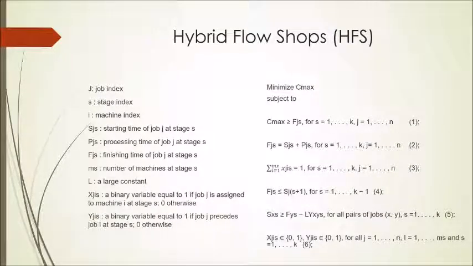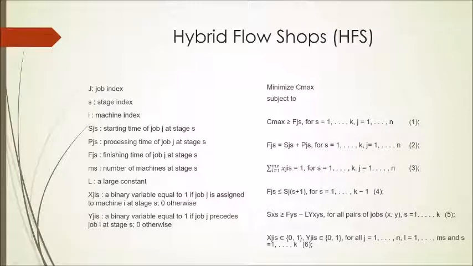Like other flowshop problems, HFS is to find a schedule which optimizes a given objective function. In this formulation, the objective is to minimize the makespan Cmax. Constraint number 1 and number 2 are used to define the makespan. Constraint number 3 ensures that each job is processed by exactly one machine at each stage.